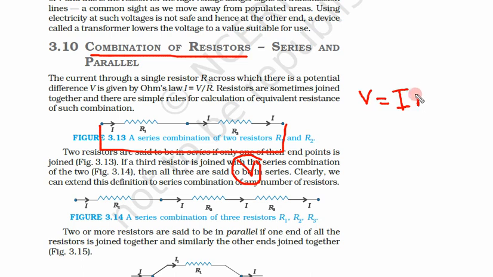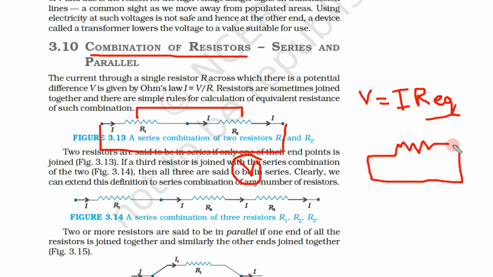So current I is flowing in the whole circuit, and this is true for the total circuit. Let us say R1 and R2 have some equivalent resistance. If we replace them by one resistance, R equivalent, the new circuit would look like this. The same current would flow when connected to a battery with potential V. So the current is the same I, and this new R is R equivalent.